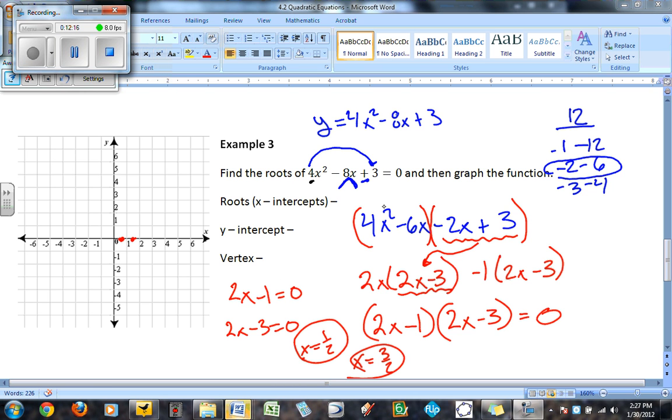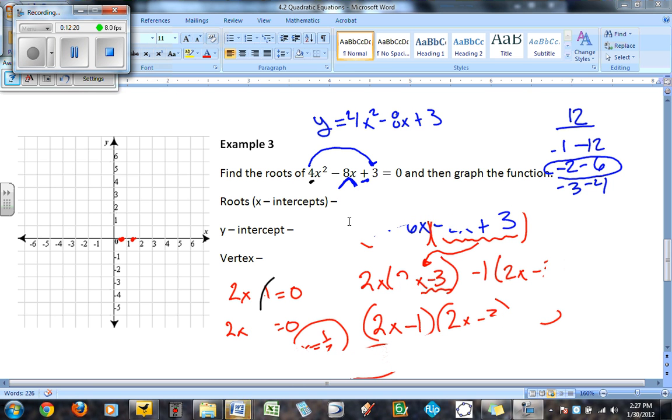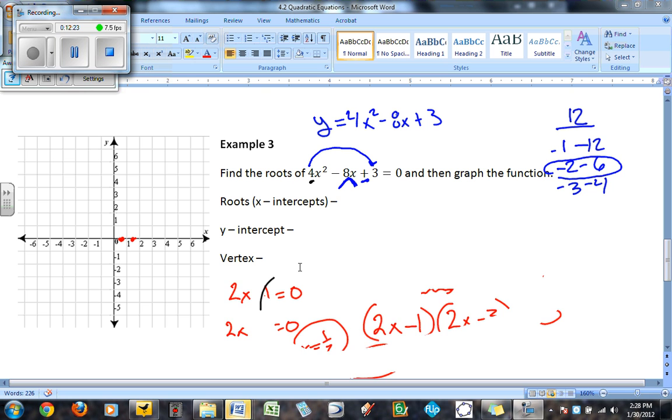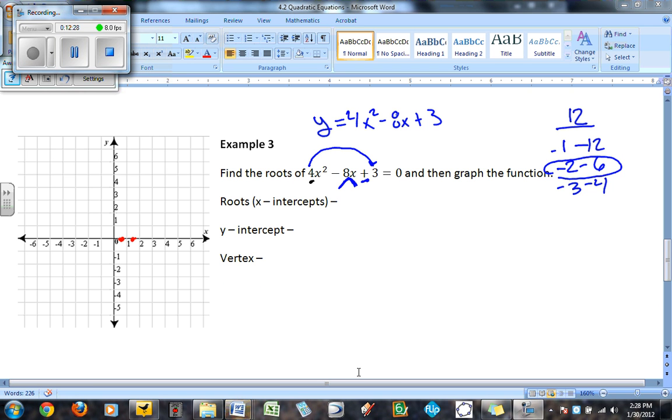All right, so let me get rid of these guys quick here. Get rid of my factoring. All right, so let's use the quadratic formula. The quadratic formula says it's negative b, so the opposite of the b value, so this would be positive 8, plus or minus the square root of b squared, so negative 8 squared, which is 64, minus 4 times a, which is 4.